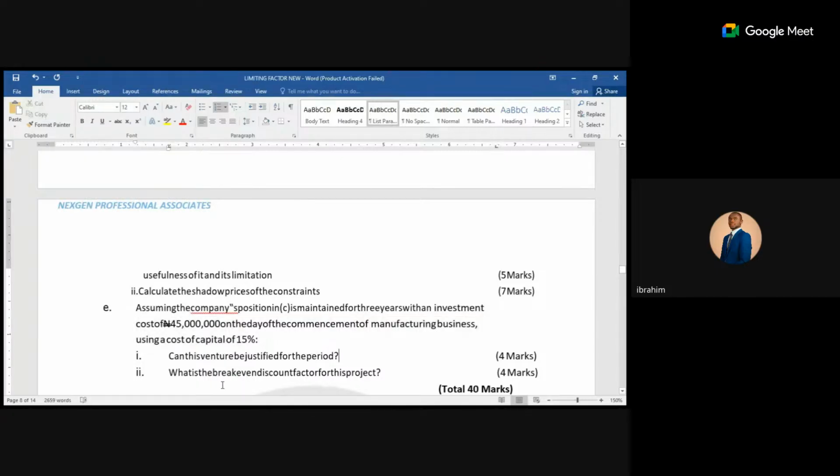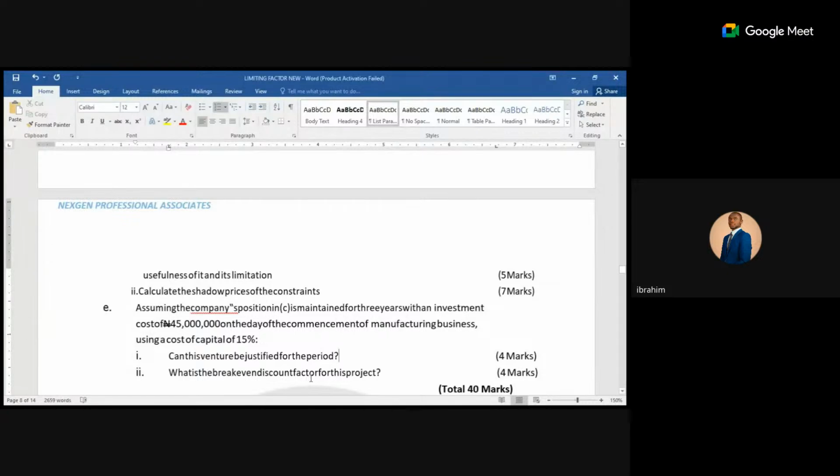What is the break-even discount factor for this project? You can see this question actually tests your knowledge in addition to the capital investment.